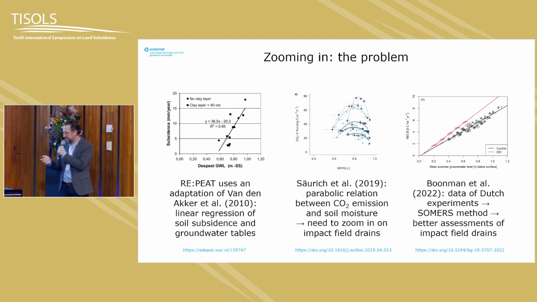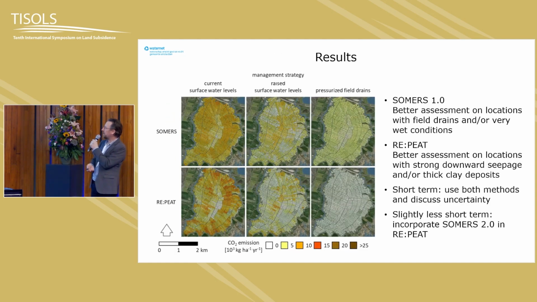So, great. Now we can move on. What we did, we incorporated the SOMERS method on the Tiger and Geodesign platform, the platform that we use for the integrated assessments. And we compared.